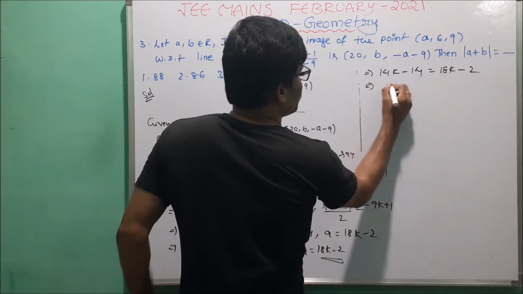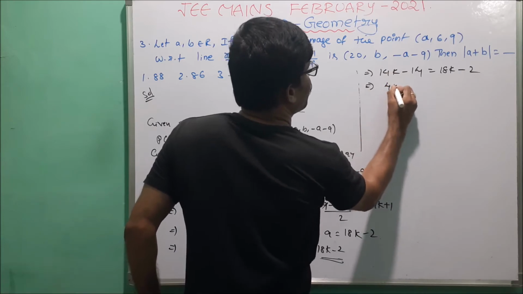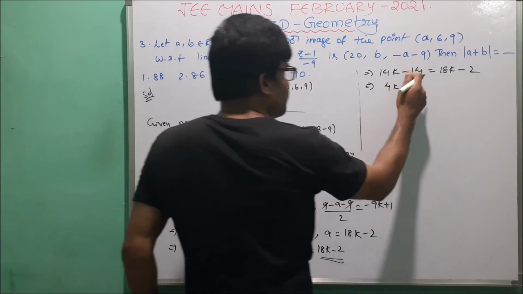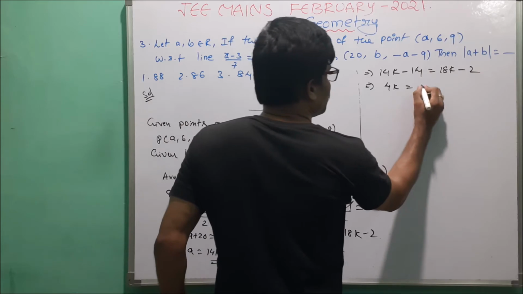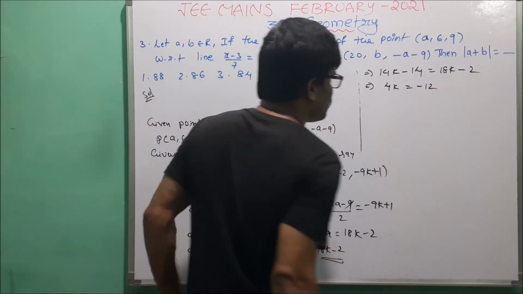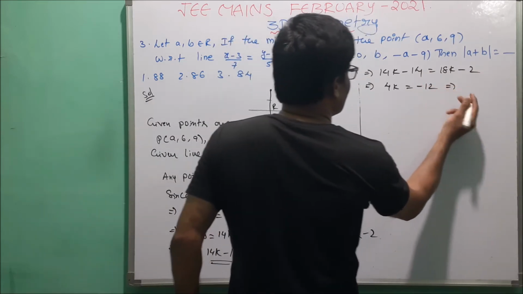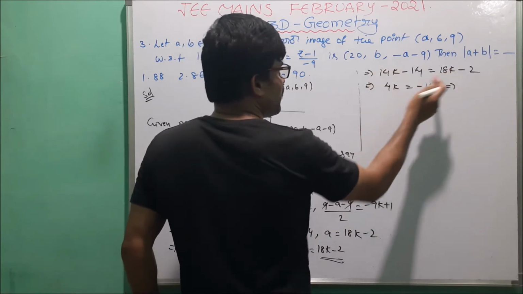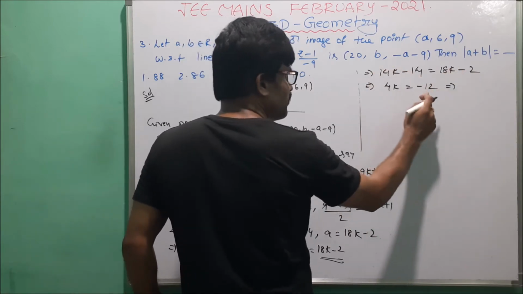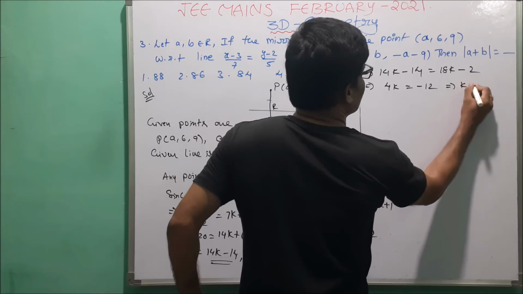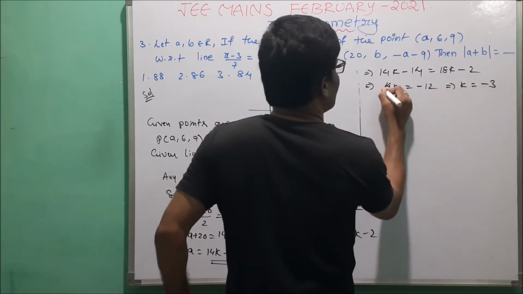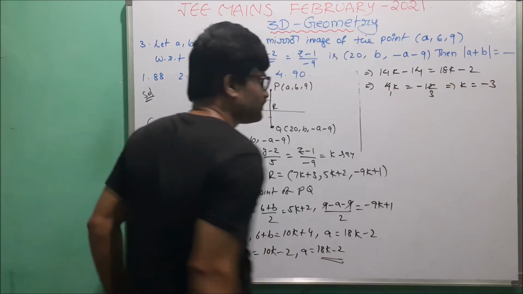From this, 18 minus 14, 4k equals minus 14 plus 2, minus 12. So k equals minus 3.